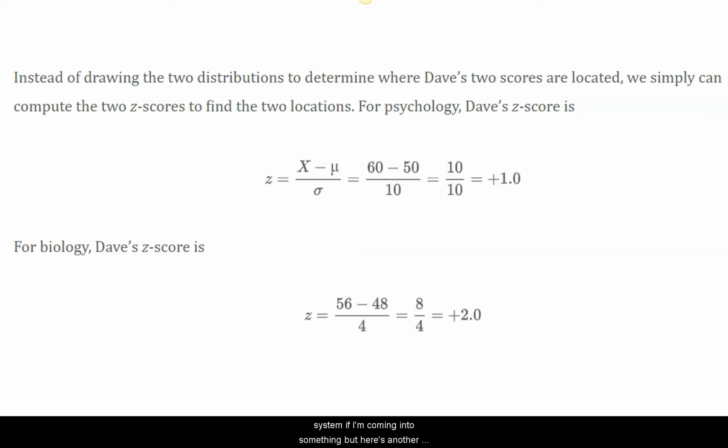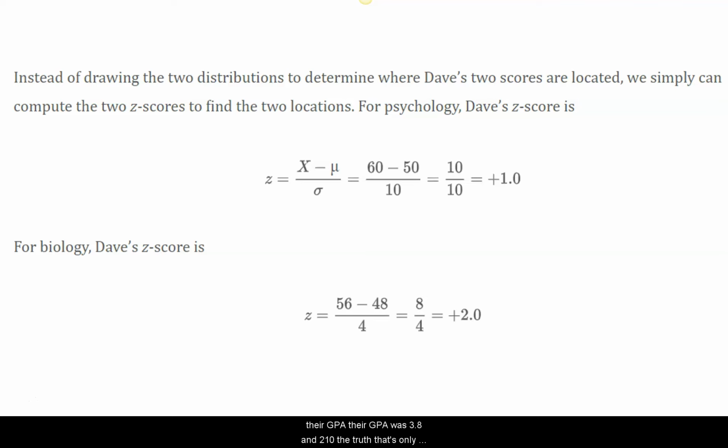So if I'm coming into something, here's another thing. Imagine if you were gauging high school or college admittance based on high school statistics. Tell me about this incoming student. Well, a student has an ACT score that's very high, 30. What do I know about 30? 30 is 2 standard deviations above the mean. Oh, how about them apples?